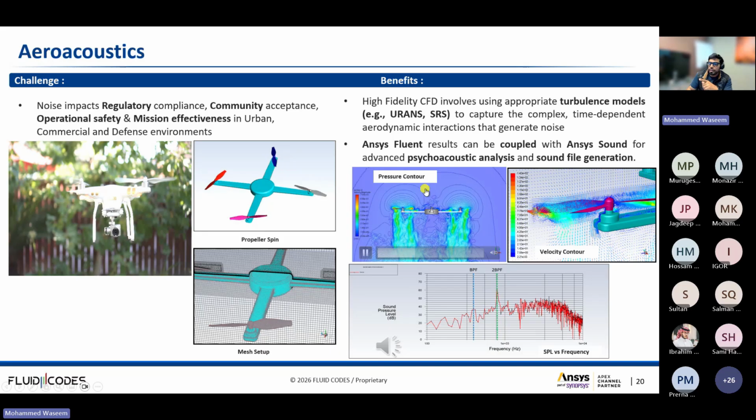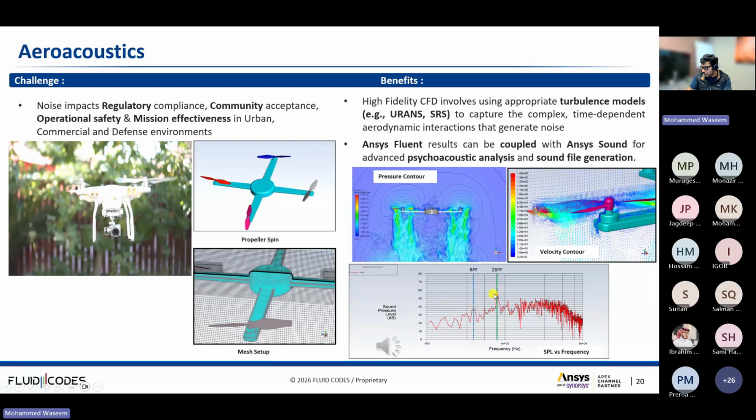The image that you see here is a pressure field around the rotors, and this is the CFD output coming from ANSYS Fluent. So the velocity contour near the rotor, here, this is where the noise sources are coming from. Hence, we use URANS and SRS to capture complex time-dependent aerodynamic interactions. And in the bottom plot, you see here, this is noise versus frequency.